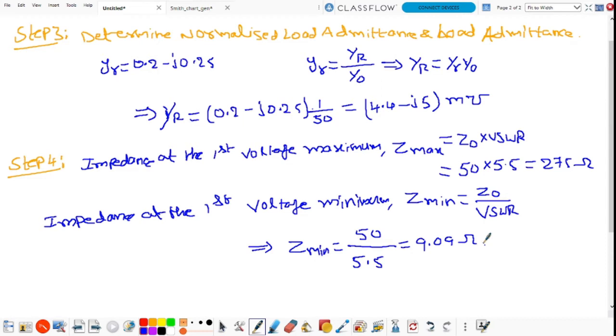Next, step number 4. Determine the distance between the load and the first voltage maximum for a transmission line.